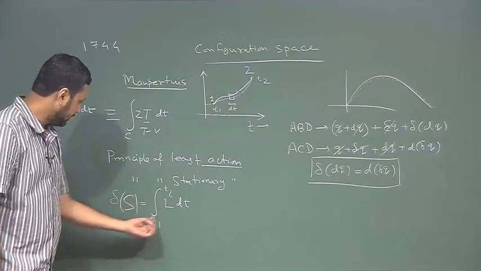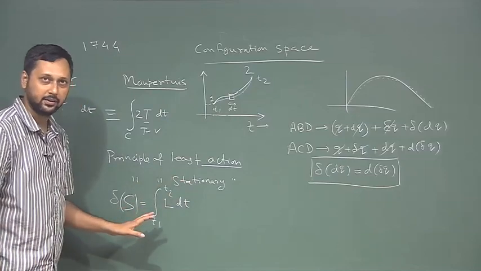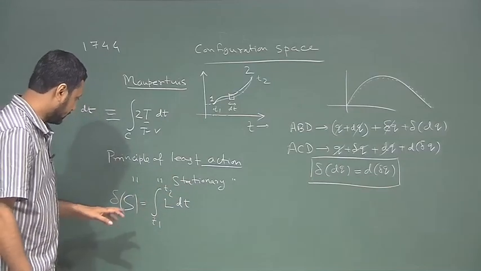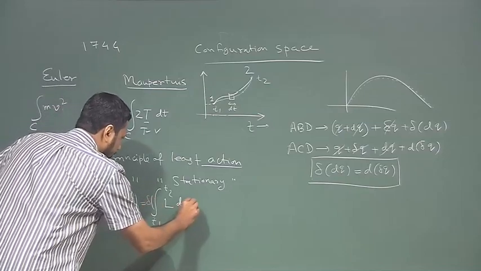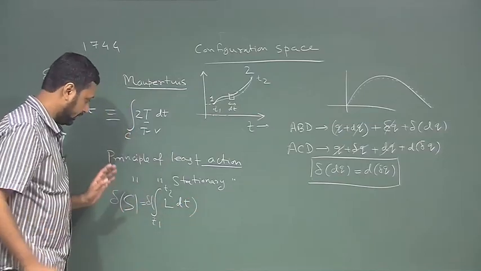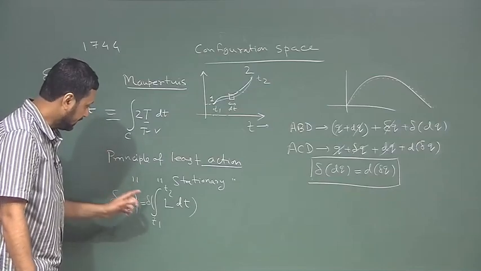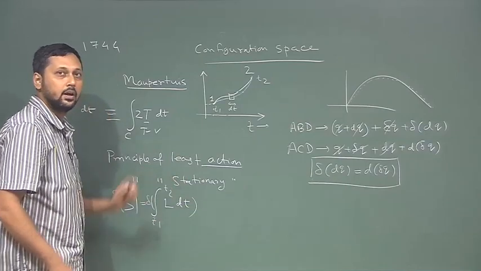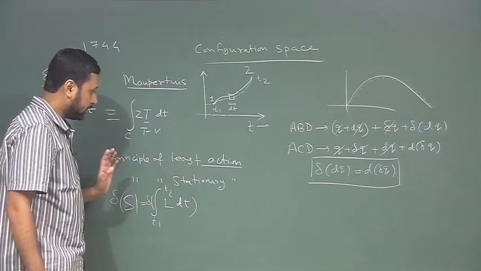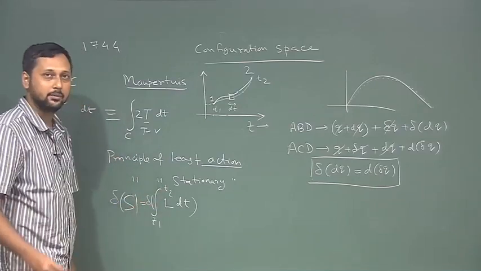Action is also a function. After this integration it remains a function of certain parameters. We will see how to work with that. In the framework of variational calculus, we try to determine the variation of such an integral. First we will take any function, which might be a Lagrangian or something else.